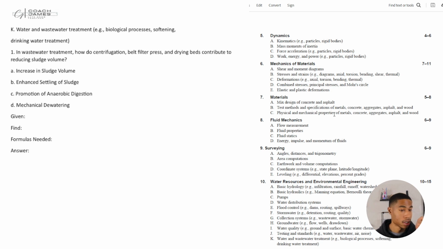Yeah, so once we get to K, that is going to be our last section with water and wastewater treatment. Looking forward to jumping into the next section, and I'll see you in the next video.